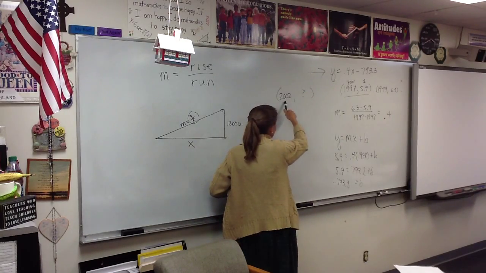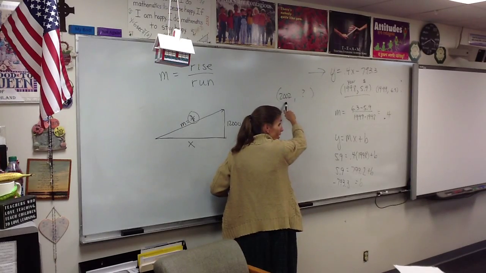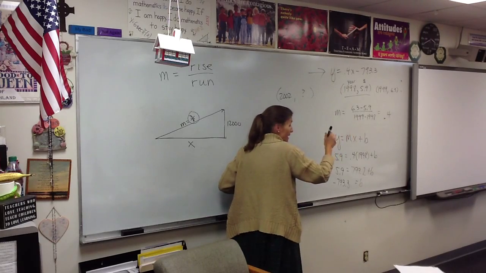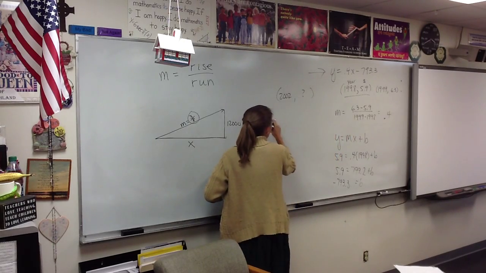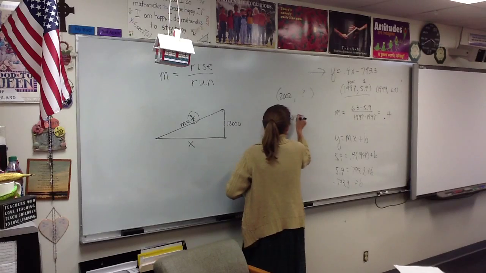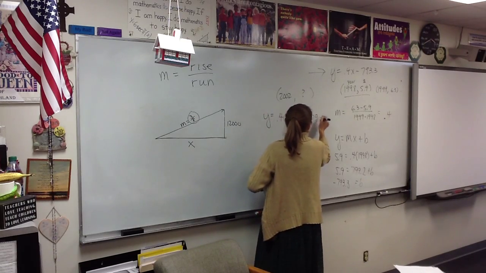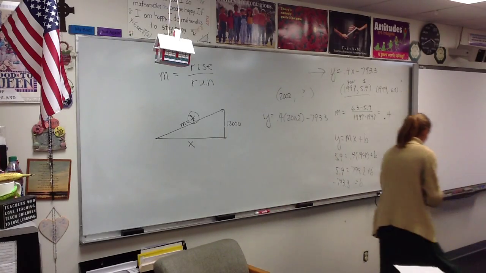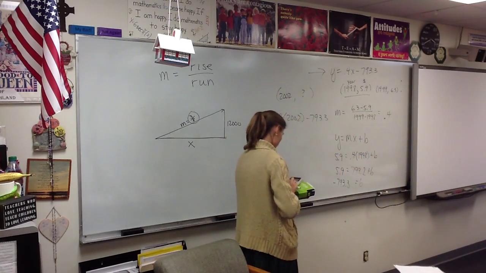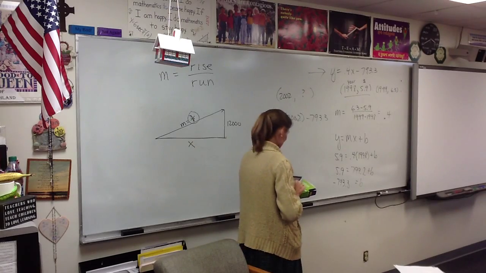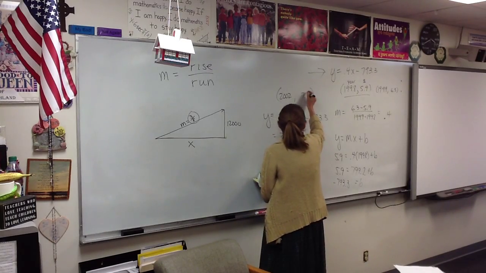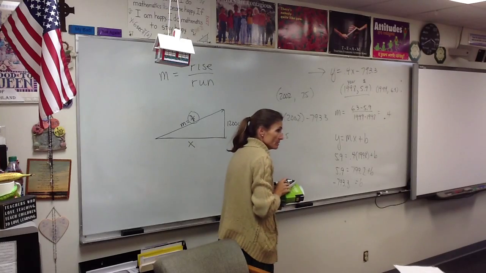So this could go into the equation where? This number right here. Where would I put that in my equation? That goes in as x. So the money, y, will be 0.4 times 2002 minus 793.3. So using my calculator, I got 7.5 trillion dollars.